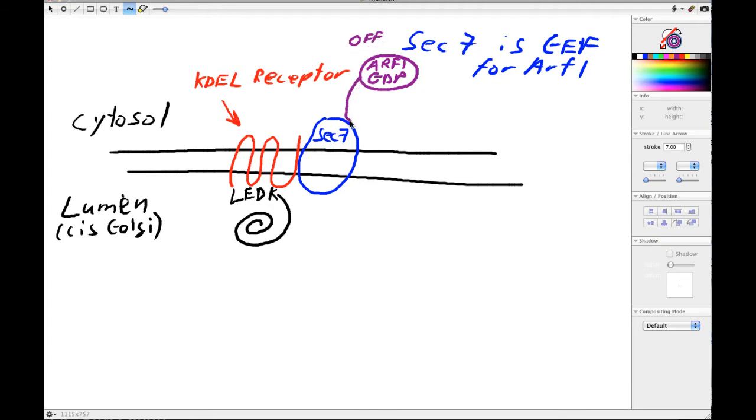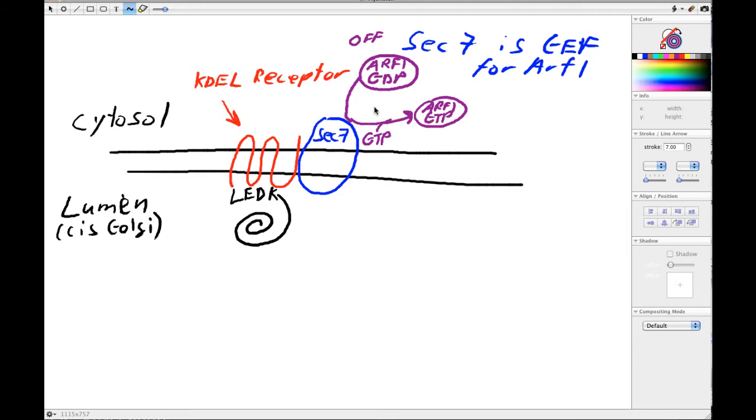But when it interacts with SEC7, the GDP goes out and GTP comes in, and we load up ARF1 with GTP.